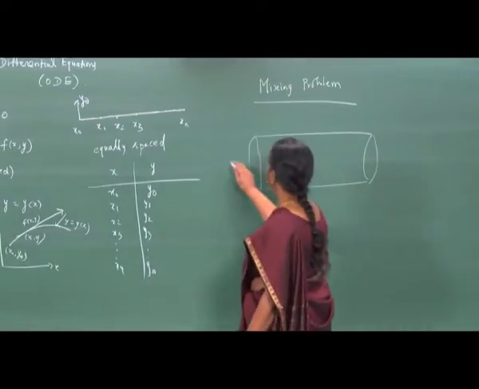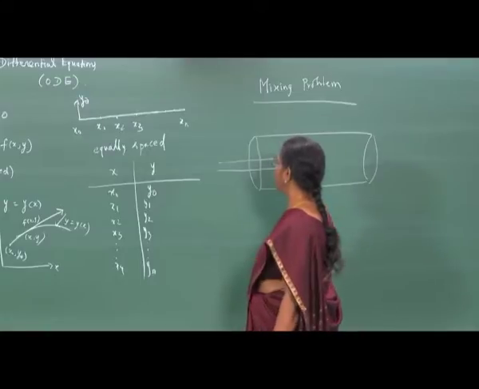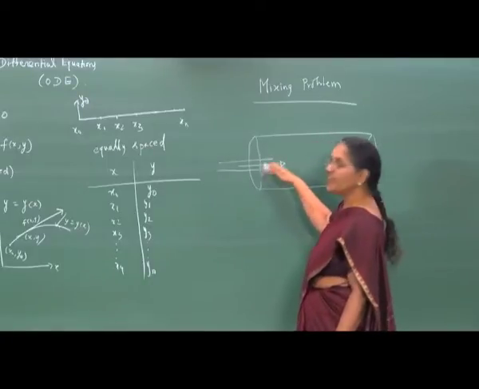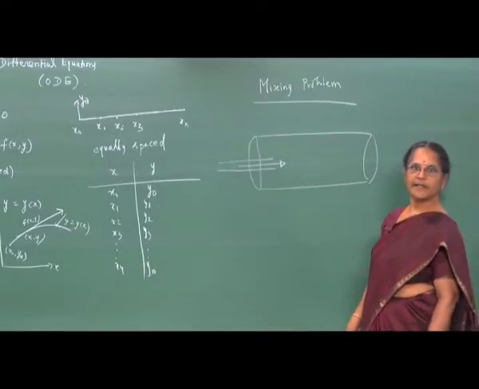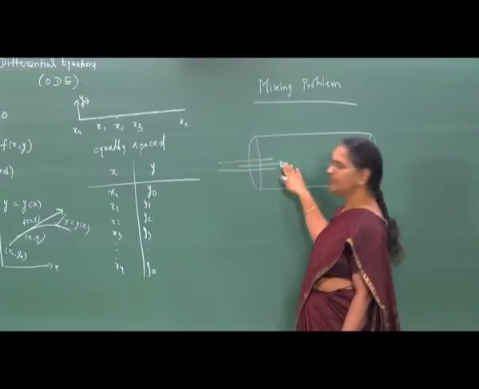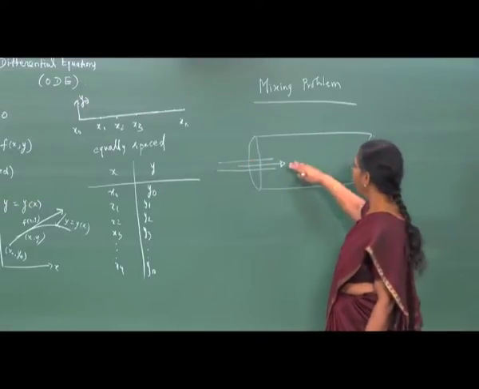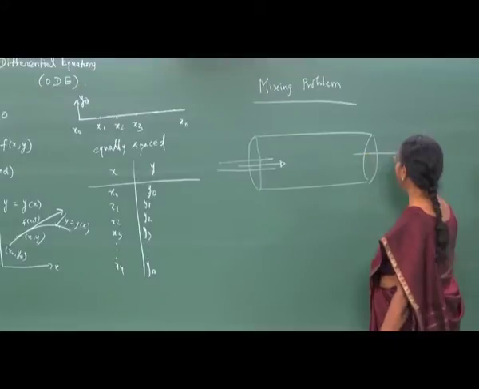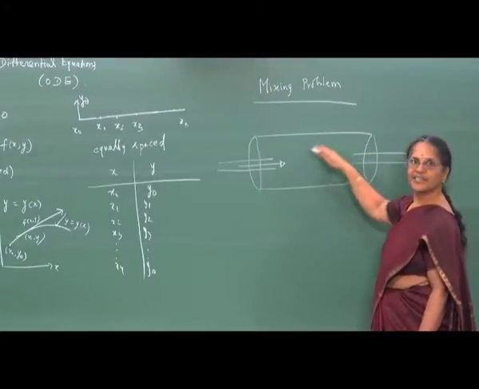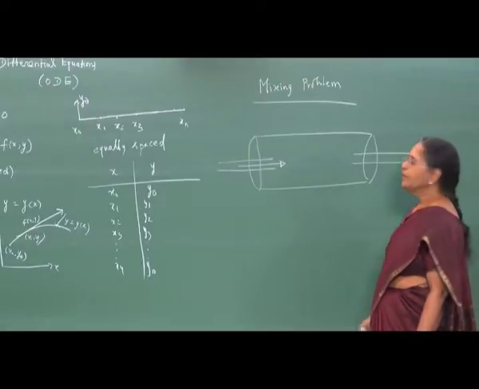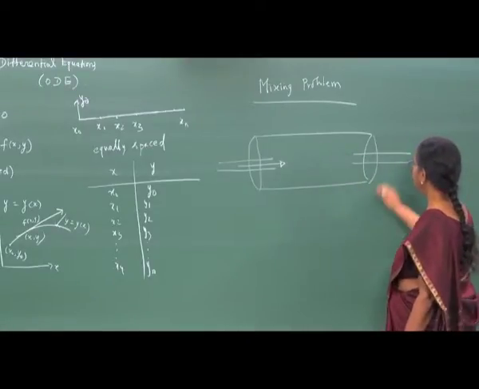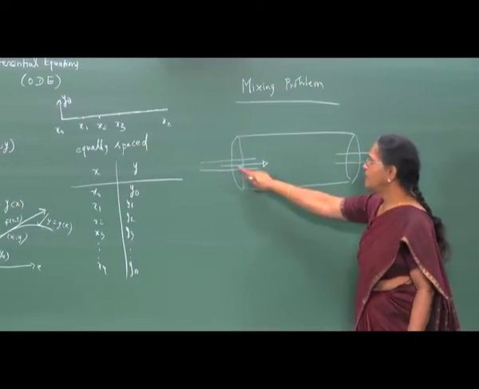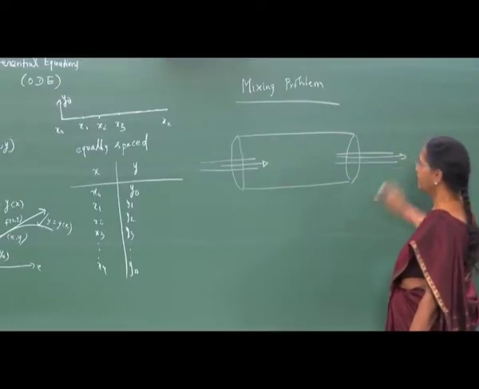Then I pump into this tank through a pipe another salt solution which has a different concentration, and at a certain rate I pump this salt solution and then mix the salt solutions within the tank and then extract out the mixed salt solution when it is very well mixed in such a way that I extract out the solution at the same rate at which I pump in the solution.